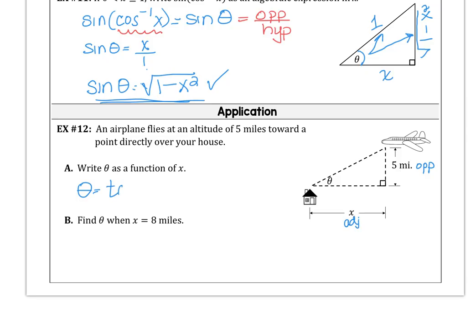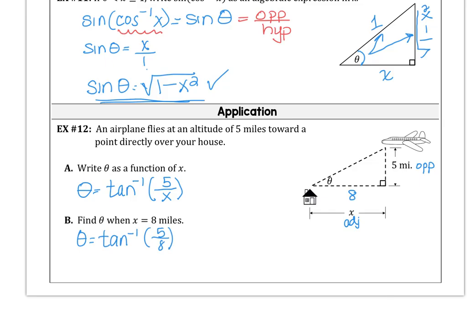So tangent inverse of the opposite over the adjacent would be our angle, and we want to find the angle when the x value is 8. So when this is 8, theta is tan inverse of 5 over 8.